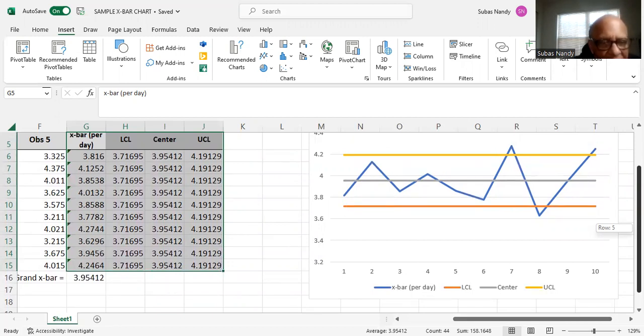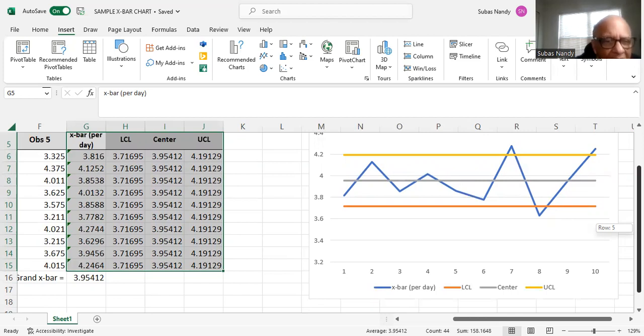Notice the data point on the 9th day. Sorry, it is 3.6296 in the X bar column, which is below the lower control limit.